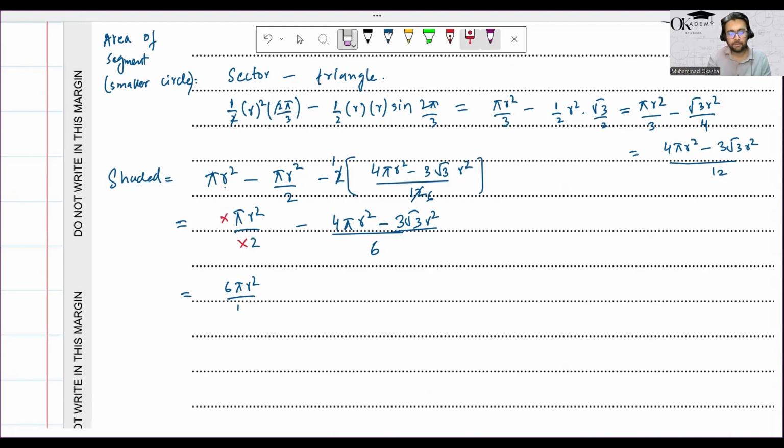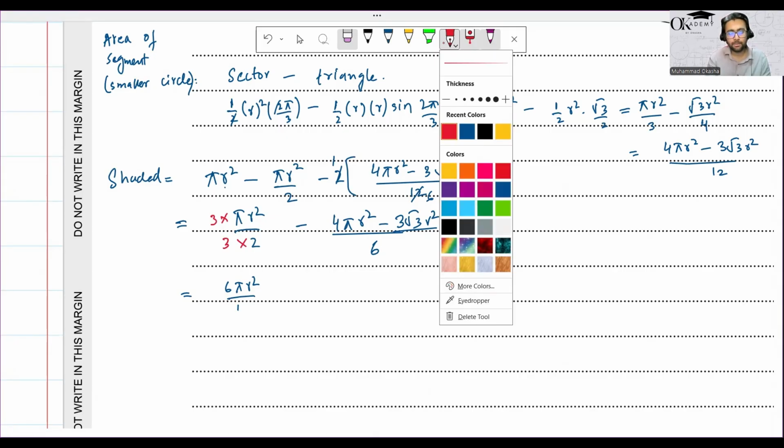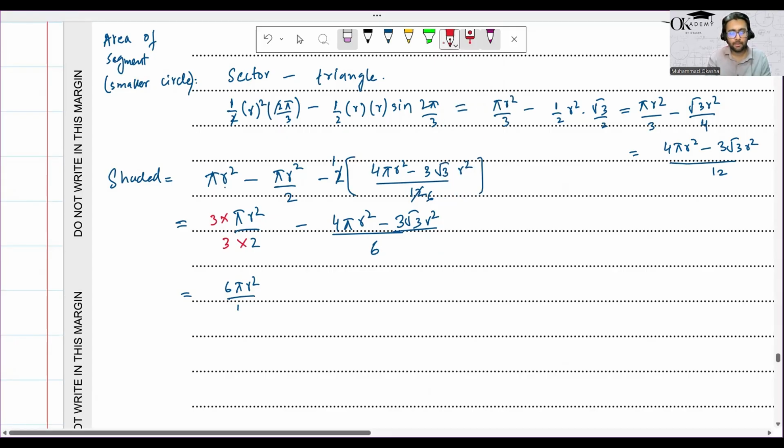These numbers are going to be 3 pi r squared, and 3 multiplied by 2 is 6, from which I am going to get 3 pi r squared divided by 6 minus 4 pi r squared minus 3 square root 3 r squared divided by 6.